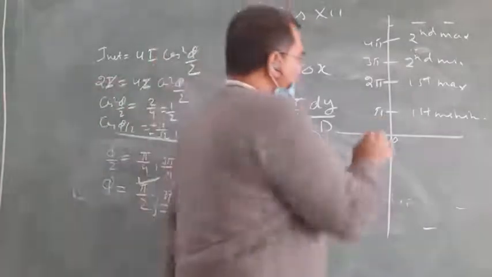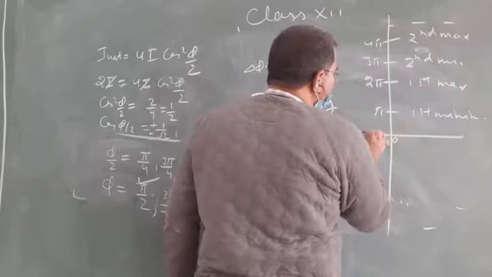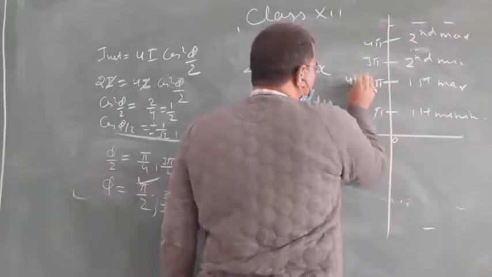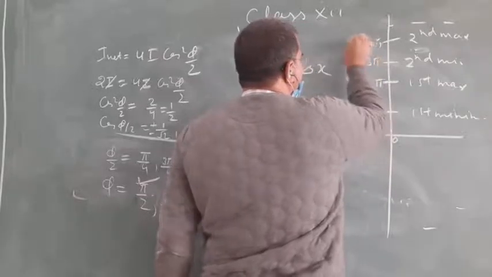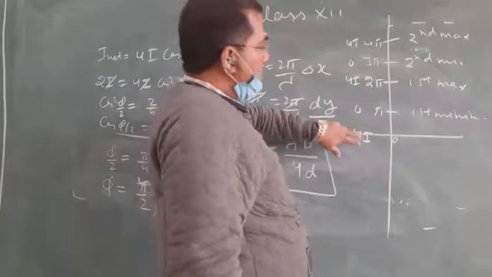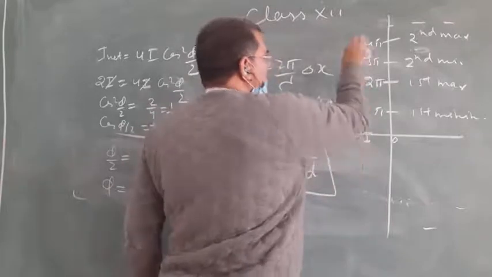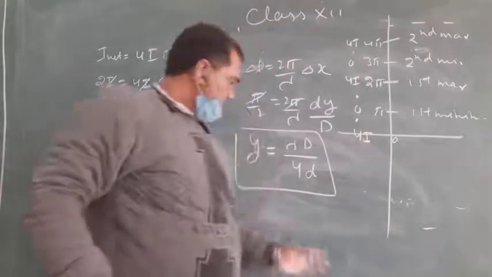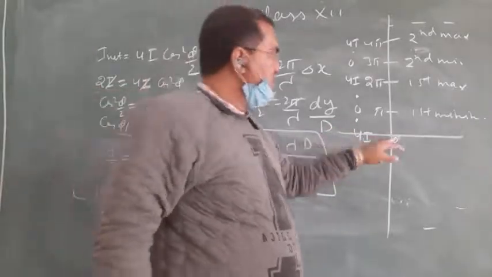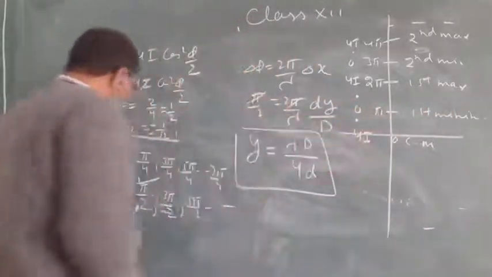You see here, from 0 the intensity is maximum 4i, and at pi it is 0, at 2 pi again 4i, at 3 pi 0, at 4 pi again 4i. So there are many solutions of 2i intensity. 2i intensity comes here also, here also, here also. But our question is, we have to find 2i intensity in between central maxima and first minima. So 0 to pi means pi by 2.